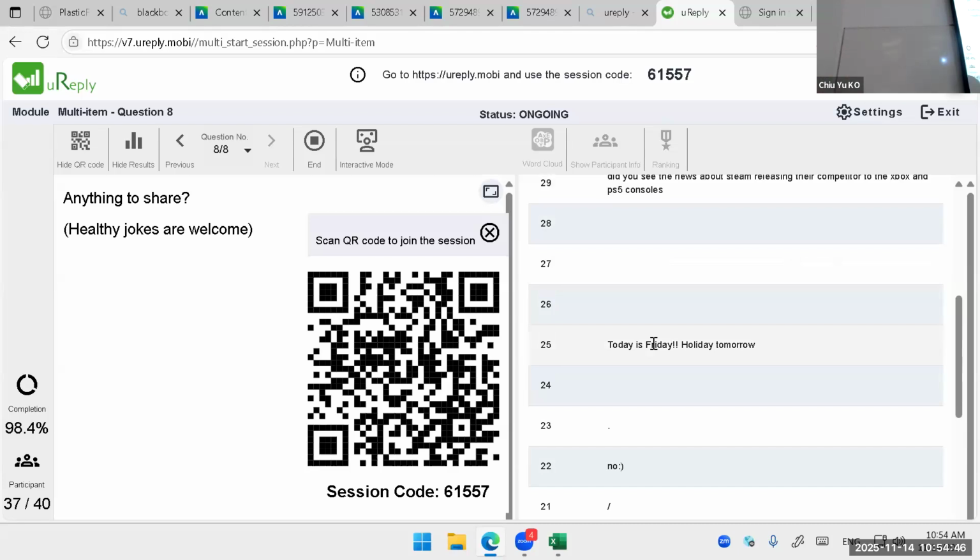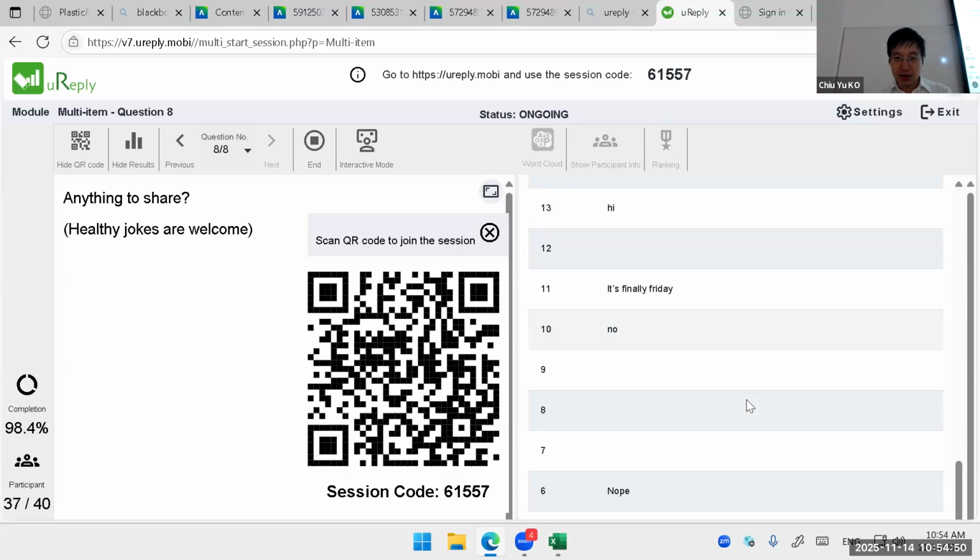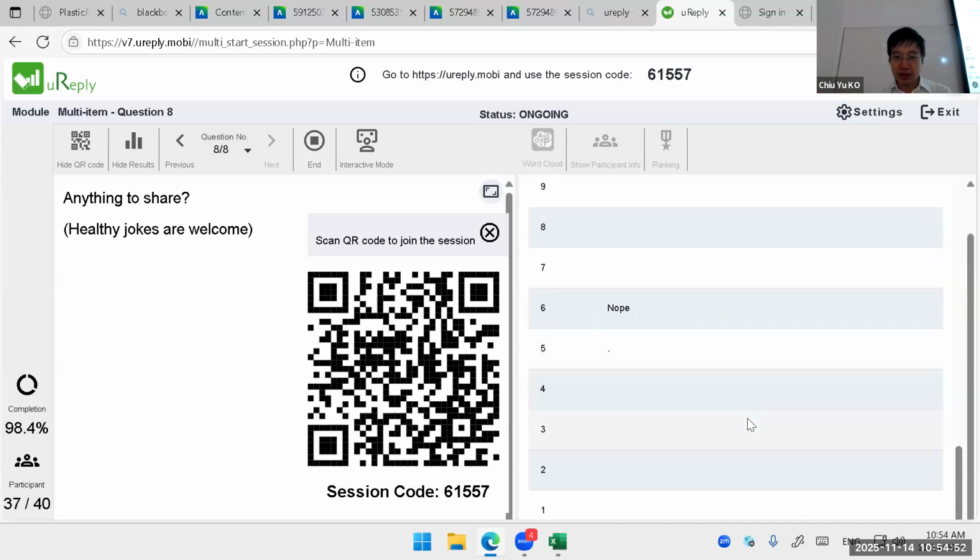Yes, holiday tomorrow. I hope you're happy with that. This time of day is actually not as good, because usually November at this time should be very cold, but now it's hot. When it's cold, you feel more concentrated, but when it's hot, you lose some mental power. But anyway, there's no problem.